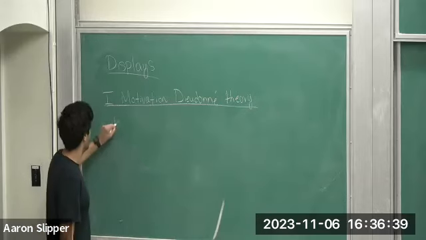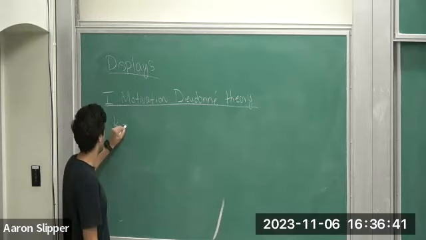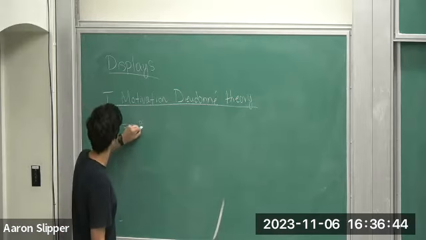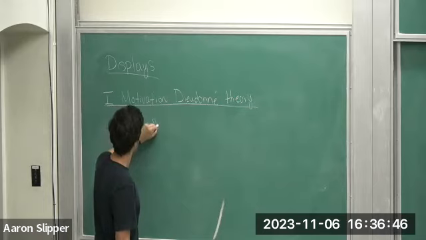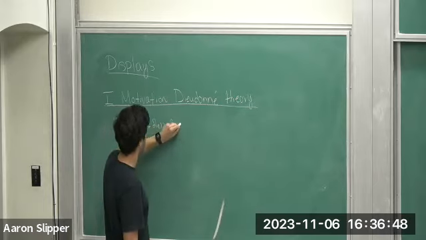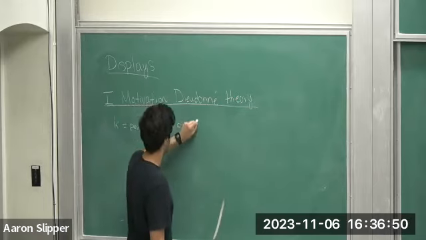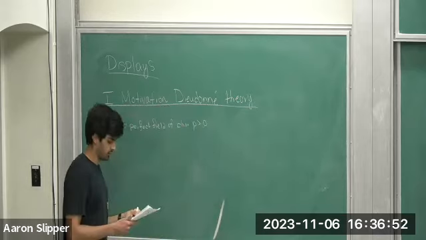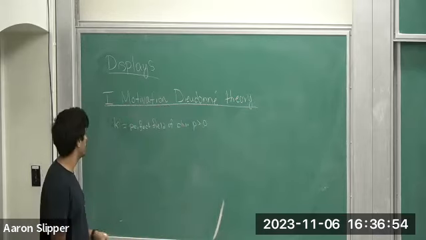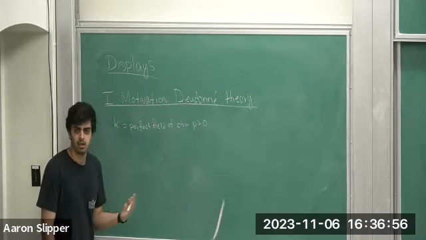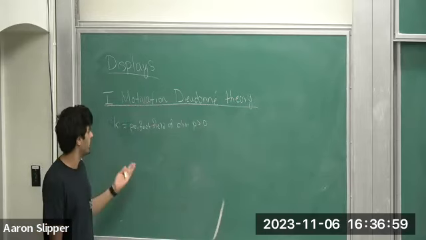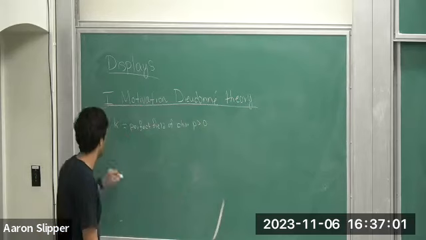So let K be a perfect field of characteristic p. So recall that classical Dieudonné theory gives us a classification of p-divisible or Barsotti-Tate groups over K in terms of Dieudonné modules.